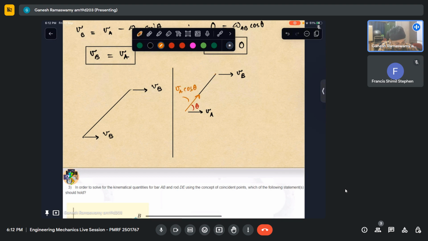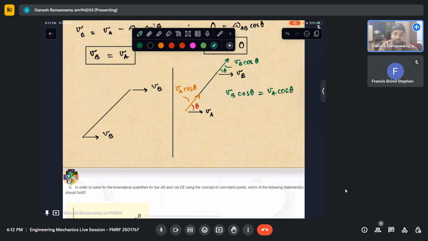Similarly, if I take this point and resolve the component of VB along this direction, this will be nothing but VB cos theta. This is also theta by virtue of VB and VA being parallel. Now, if this is a rigid object, then definitely VB cos theta needs to be equal to VA cos theta.